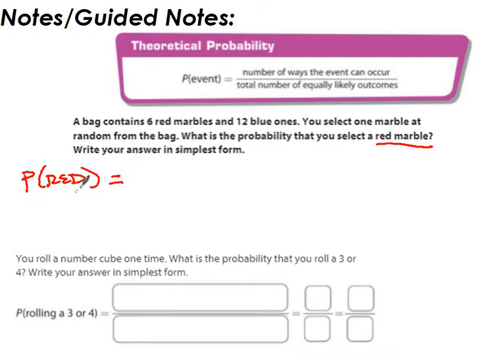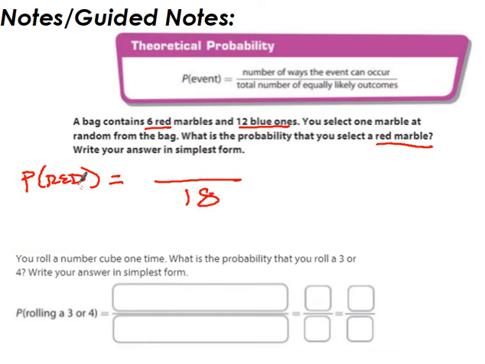I need to figure out two things. I need to figure out the total number of equally likely outcomes. So how many marbles are there total? Well, we have 6 red, 12 blue, so that gives me a total of 18 marbles.